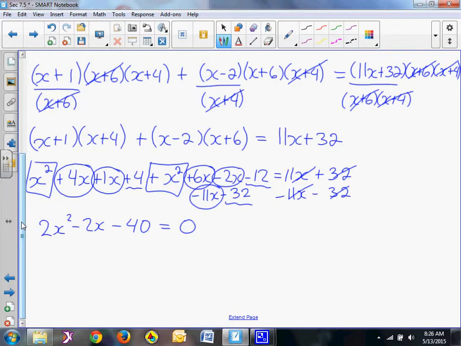Just to make factoring a little easier, I notice 2 divides everything: my 2x squared, my negative 2x, my negative 40. So I'm just going to factor 2 out. So I get x squared minus 1x minus 20. Now I'm going to factor x squared minus 1x minus 20.